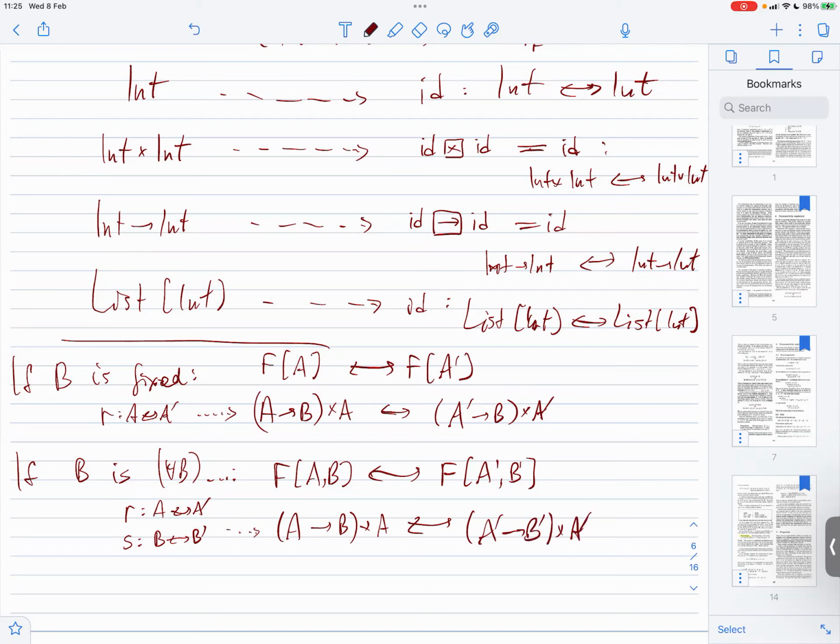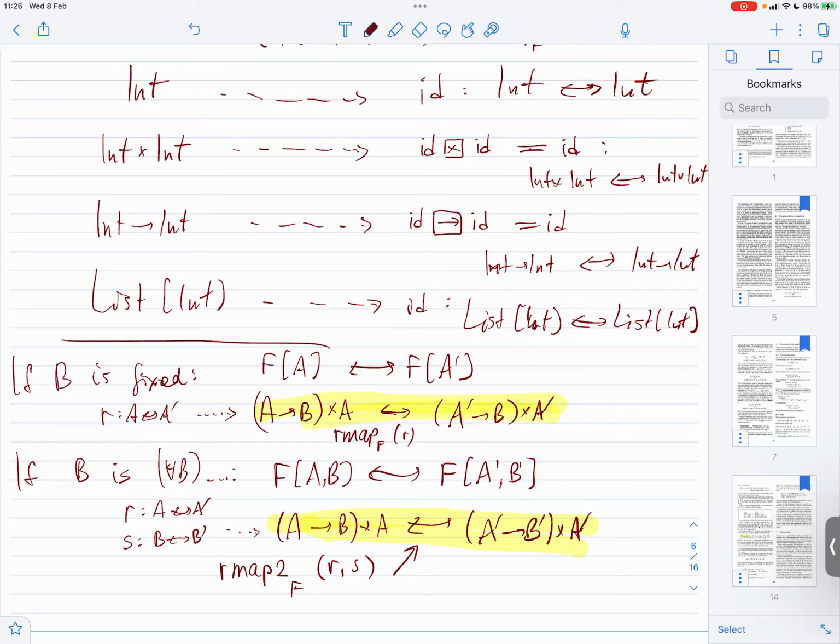So this is what I call the simultaneous lifting. I call this R map 2 of R and S. And here, this is going to be a relation of this type. And here you would have just an R map F of R, which is going to be a relation of this type with B fixed.